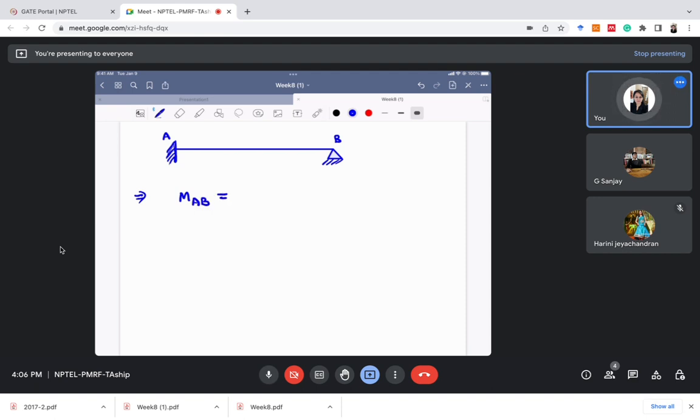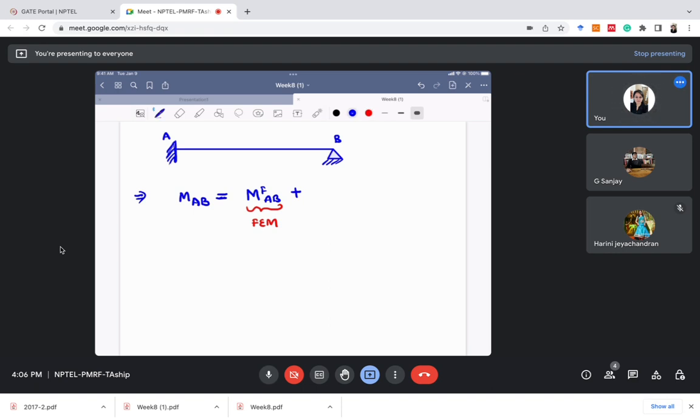We are finding a relation between end moments and the slopes and deflection at different points. So MAB is MFAB plus, where MFAB is the fixed end moment.